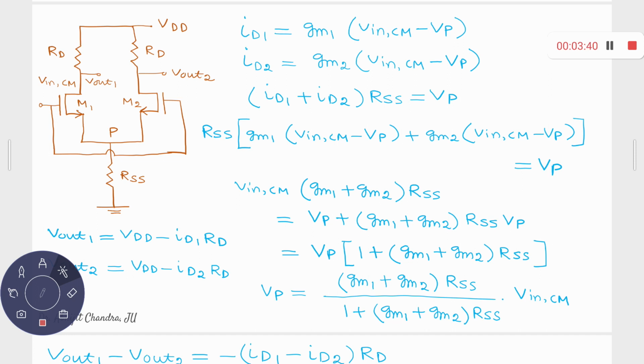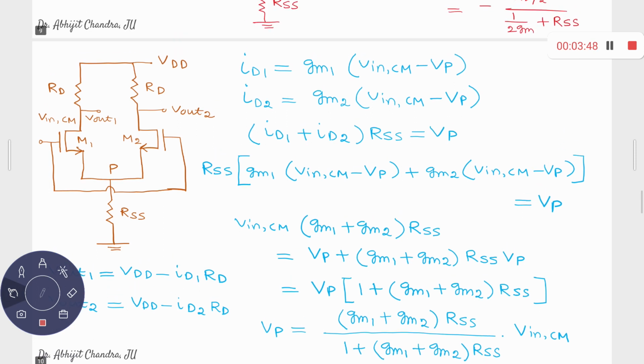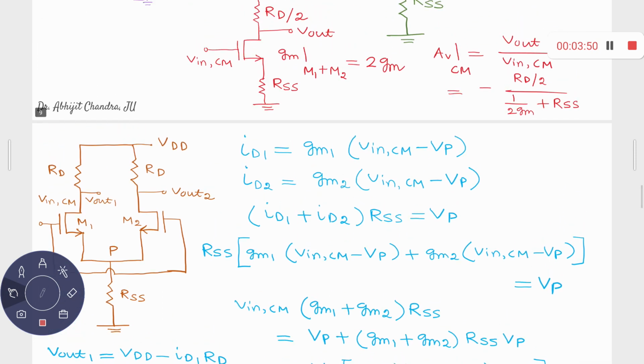First of all, to find the drain current through the first MOS M1, this drain current ID1 is Gm1 times the gate source voltage. What is the gate source voltage? I call this point P. The gate voltage is Vin,CM and the source voltage is Vp, so ID1 equals Gm1 times (Vin,CM minus Vp).